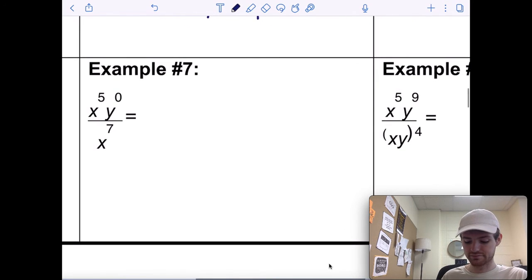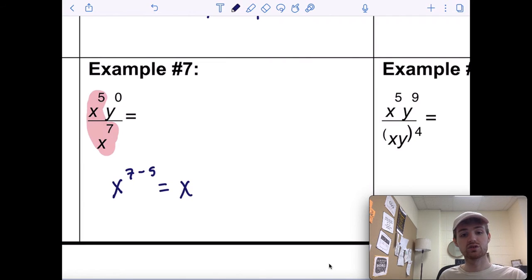Example 7. Take it base by base. So here, let's start with our x's. Our bigger x is 7. So 7 minus 5. When I simplify that, I get x squared.